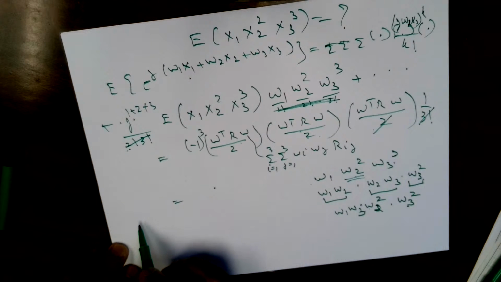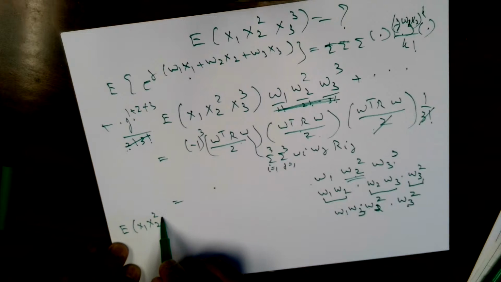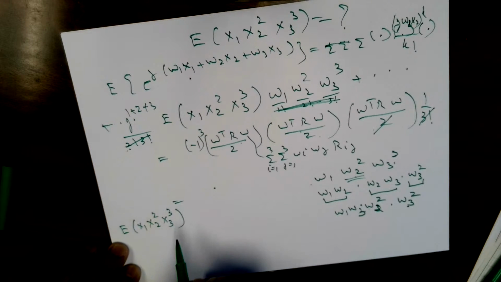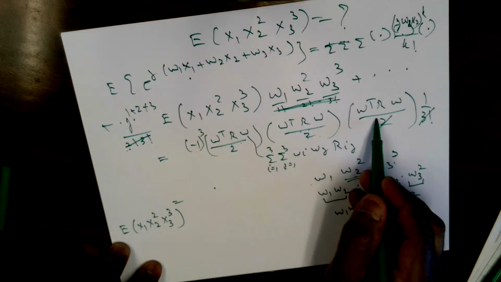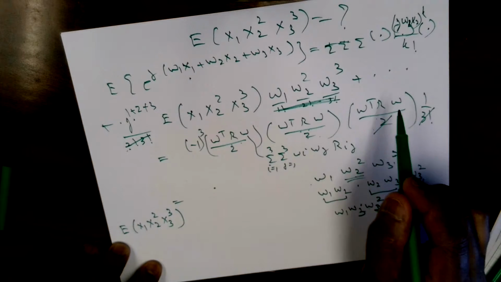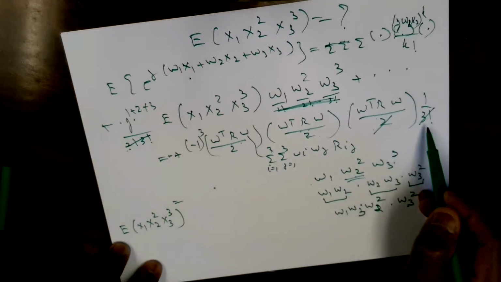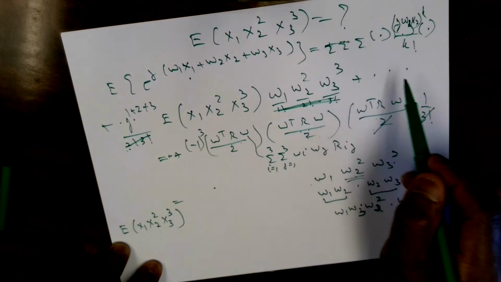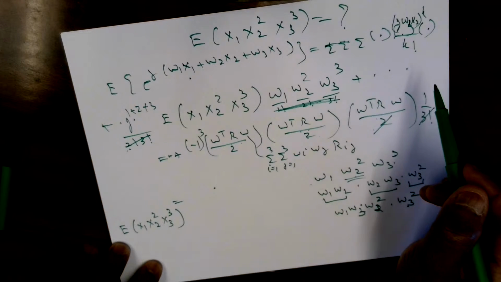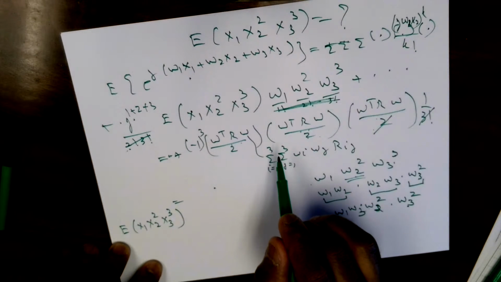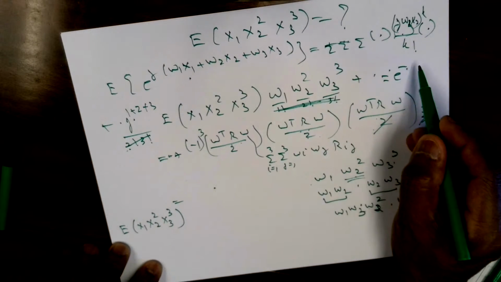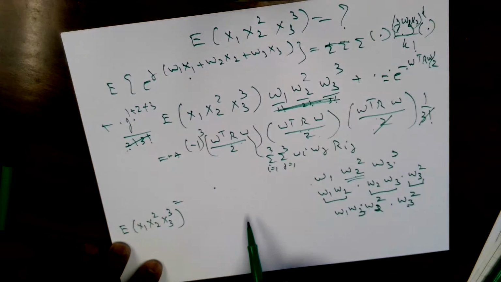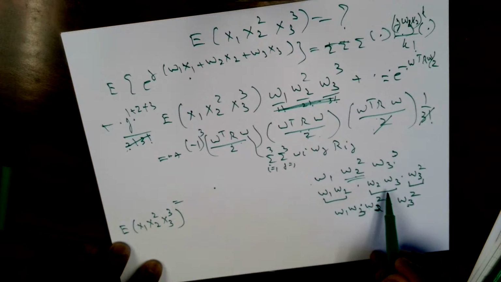So notice that 3 factorial and a 2 will cancel here. So we can write down, let me just write down here itself, expected value of x1, x2 squared, x3 cubed. There are all sorts of terms. I'm just looking at the expansion on this right side exponent, which is, remember, e raised to, each of this is of this form. And so we notice that these are the terms we should be looking for.